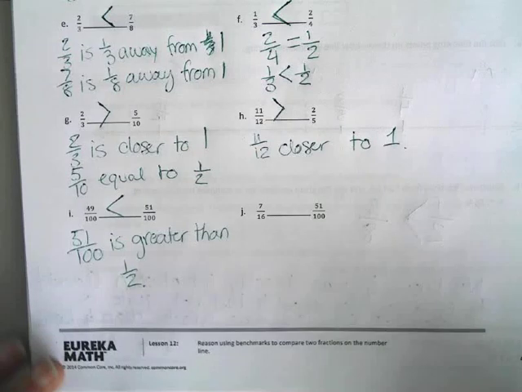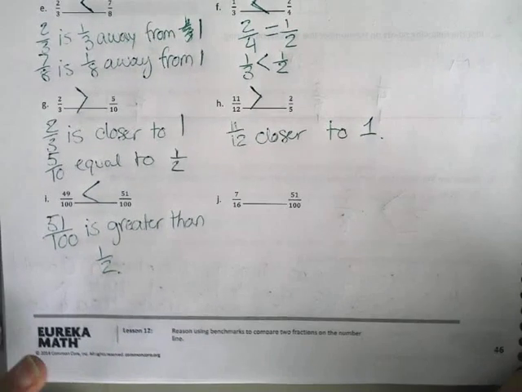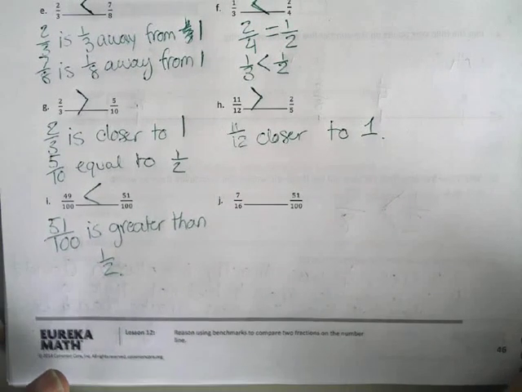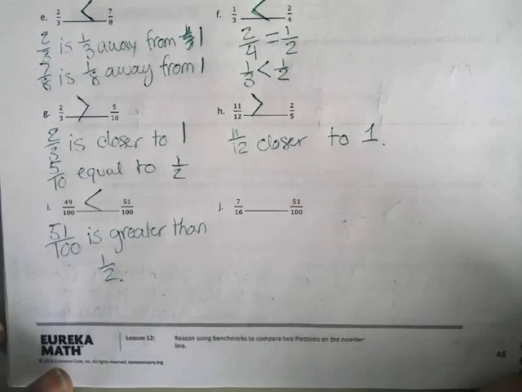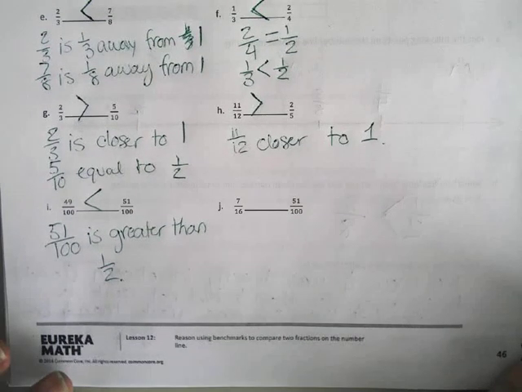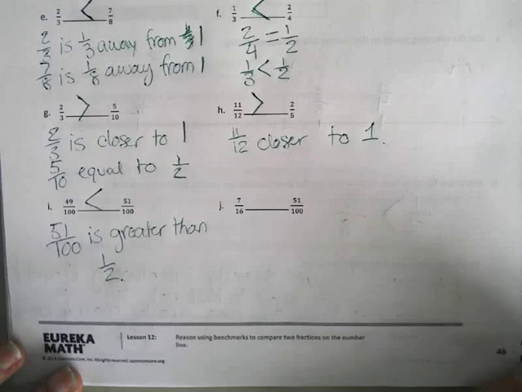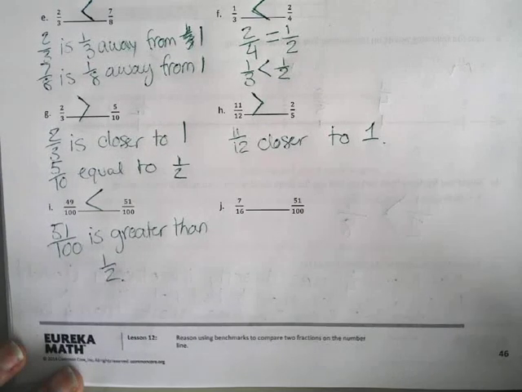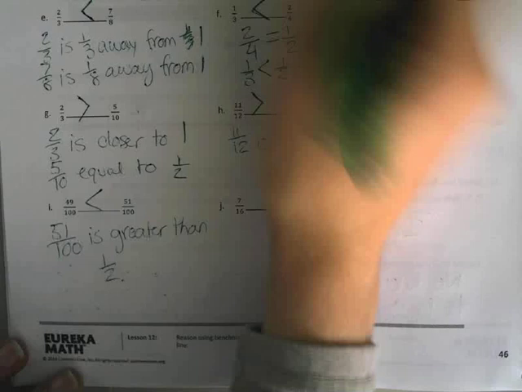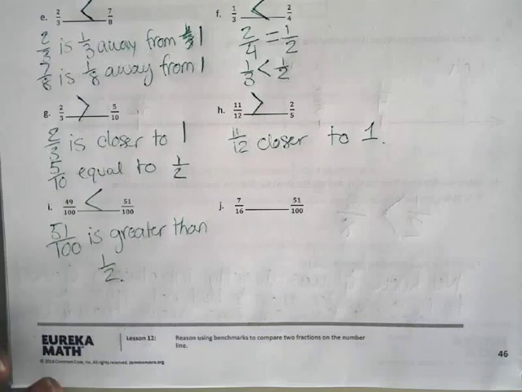All right, last one. We can do it. 7/16 and 51/100. Josiah, what do you think? Do you think 7/16 is bigger or smaller? Bigger. All right, let's think about it compared to those benchmark fractions, 0, half, and 1. So 7/16, what fraction is it closest to?